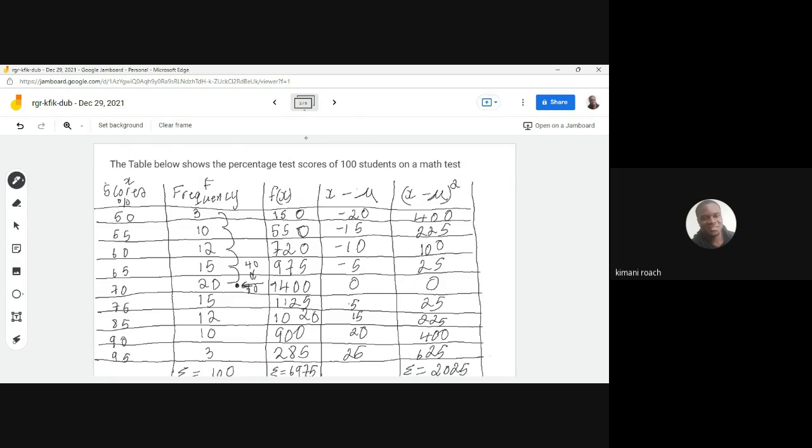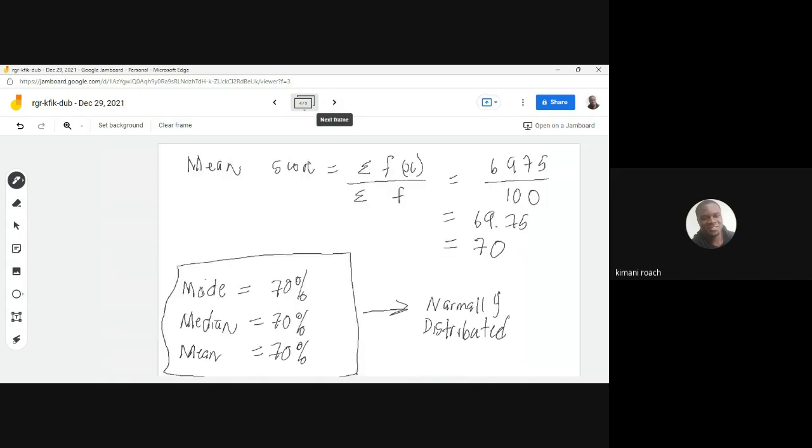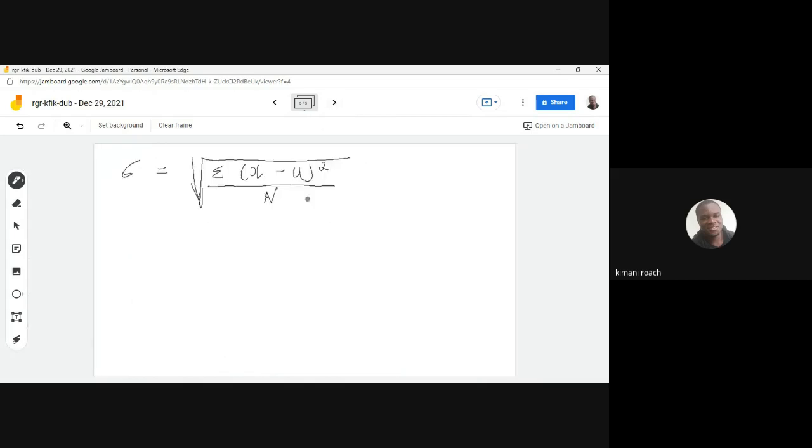Now my sum is going to be 2025. So here I can calculate my standard deviation, which is going to be the square root of 2025 divided by 100.